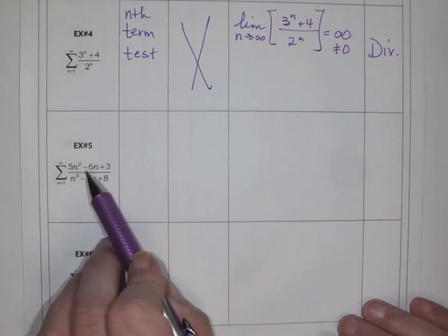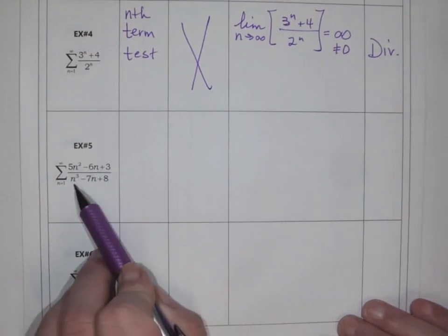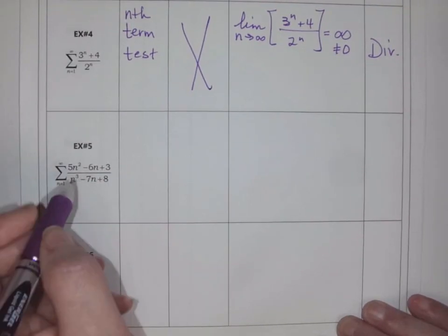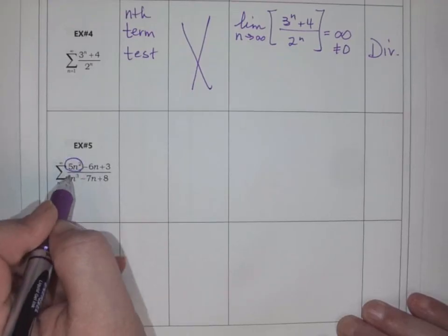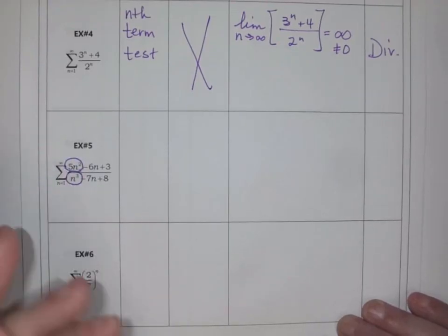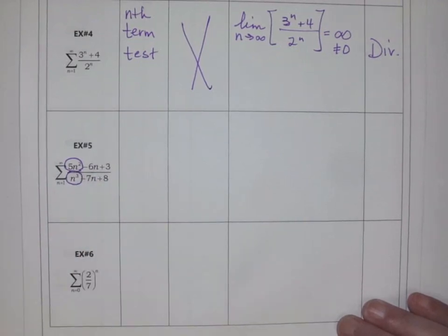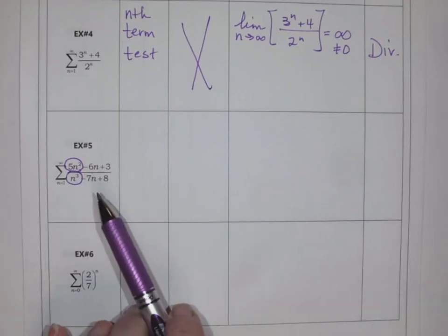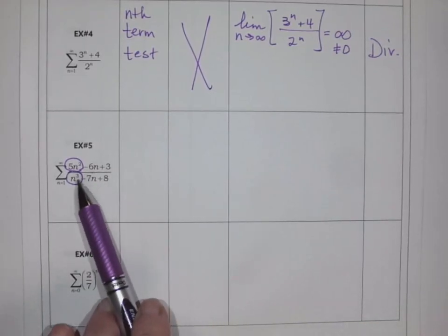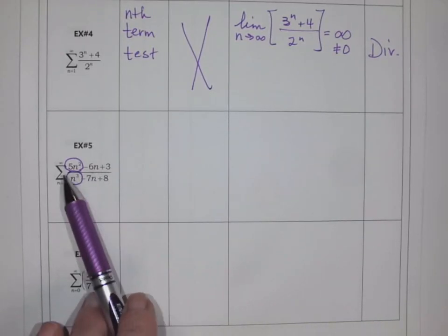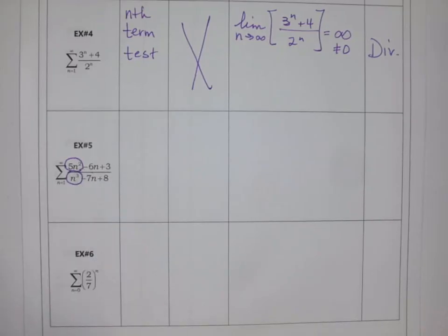Okay, now look at this guy. We have 5n squared minus 6n plus 3 over n cubed minus 7n plus 8. If I look at the biggest term on top and the biggest term on bottom, this one is bottom heavy, so we can't use the nth term test. It is nothing like a special series, except I could compare it to a p-series.